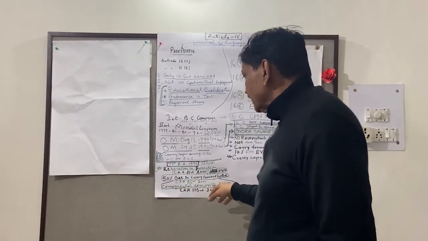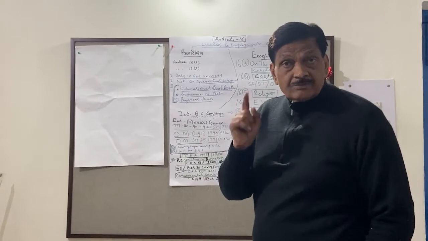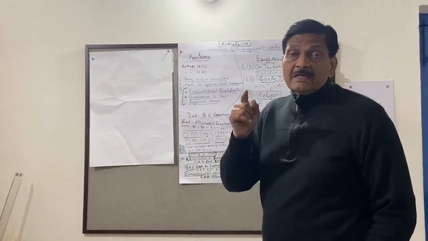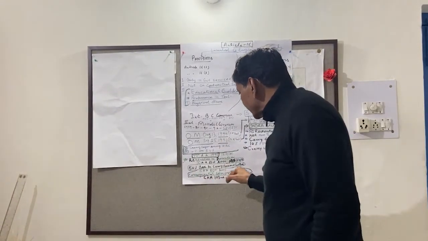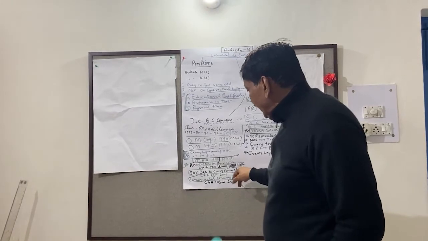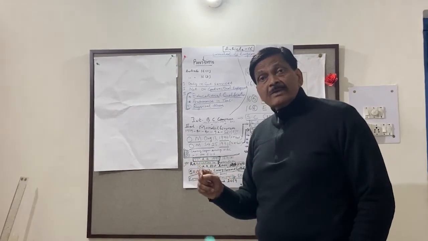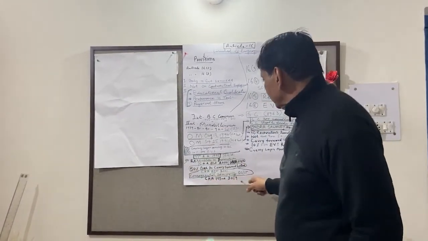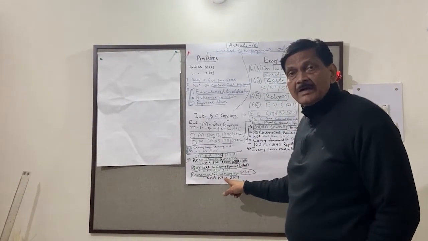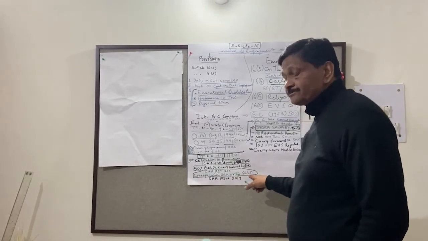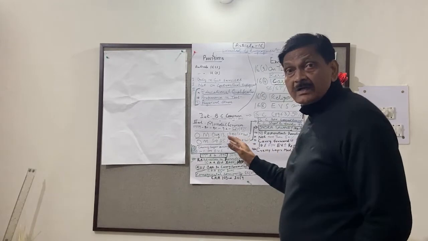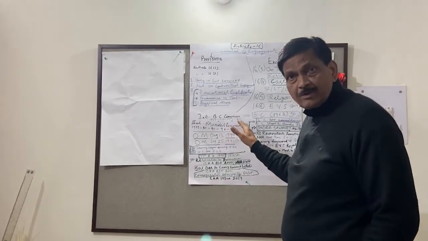It mentioned that not only reservation in promotion, but consequential benefits in seniority will also be given. Okay. So after this, one more amendment was carried out, the 103rd Amendment, which has given 10% reservation to economically weaker sections in forward communities.